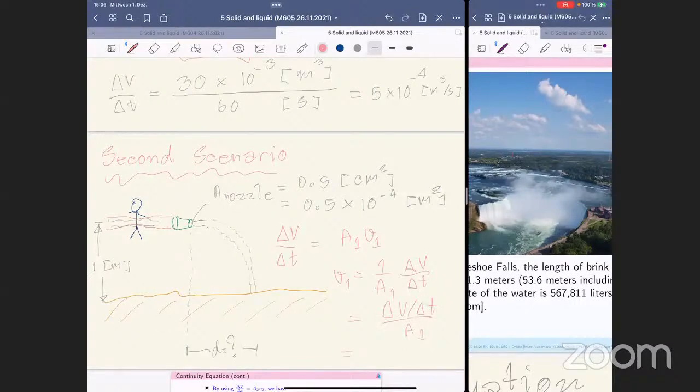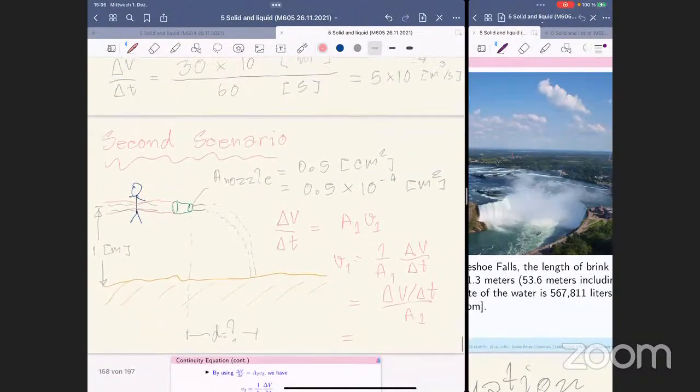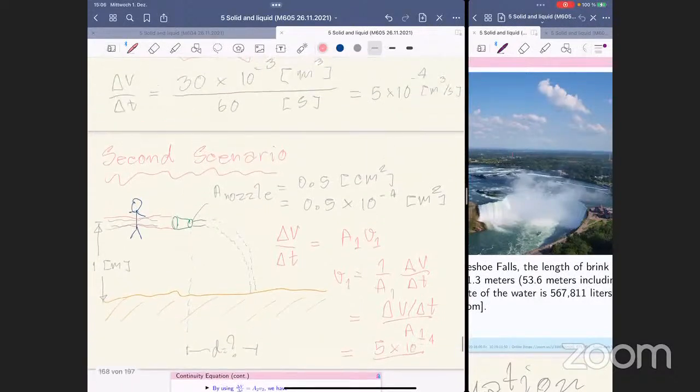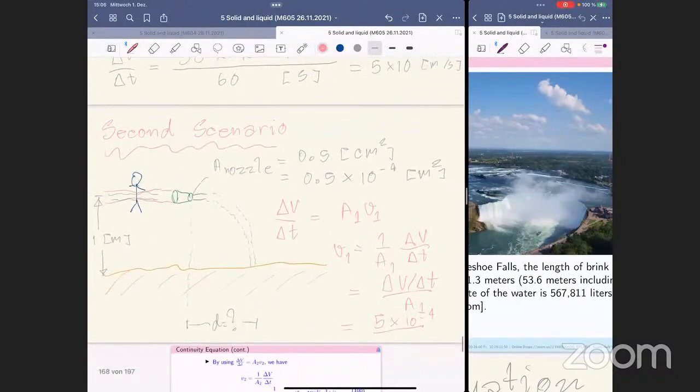The numerator is the water flow rate, which is 5 times 10 raised to negative 4, divided by A1, which is the nozzle cross-sectional area, 0.5 times 10 raised to negative 4, right?